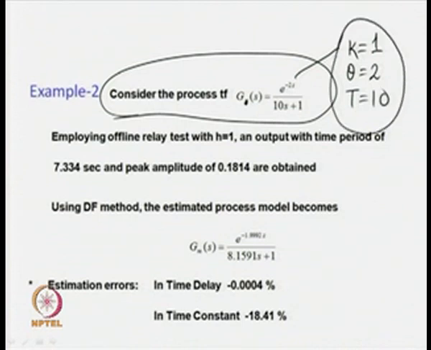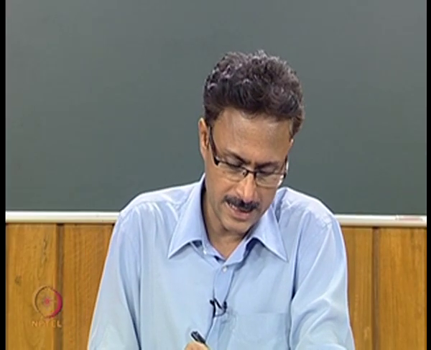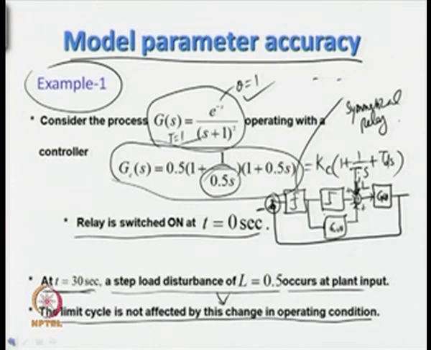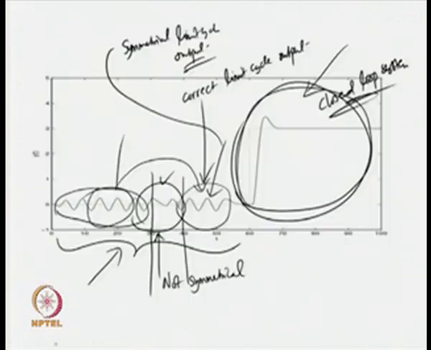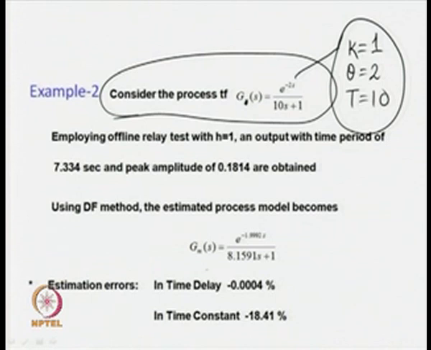Now, when the identification technique is employed, or the set of formulae we have for the first order plus dead time transfer function model, that is this and this, are used, in that case, we obtain the transfer function model G m s is equal to e to the power minus 1.9992 s divided by 8.1591 s plus 1.